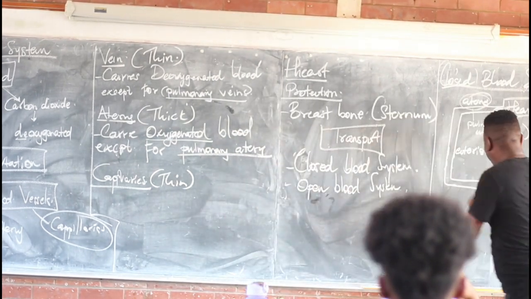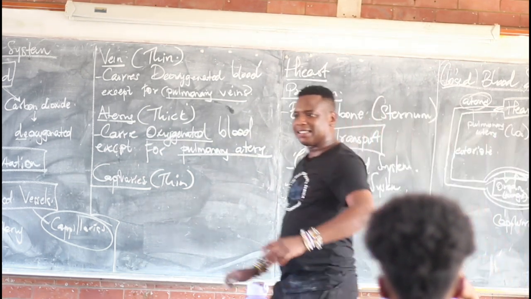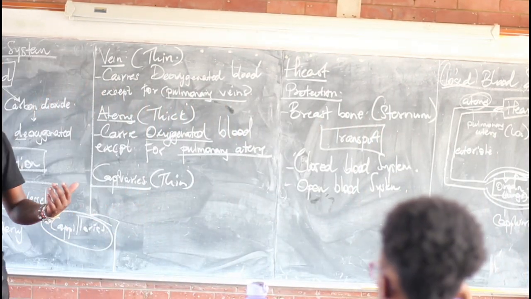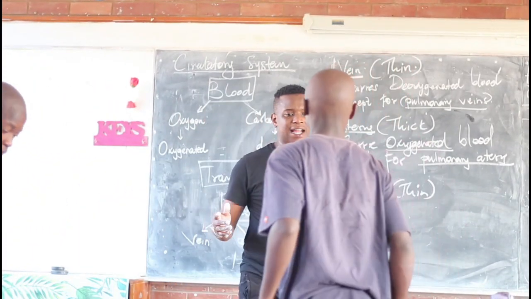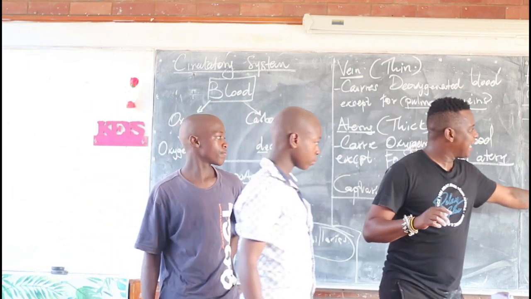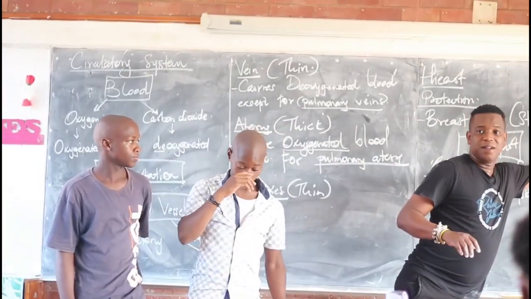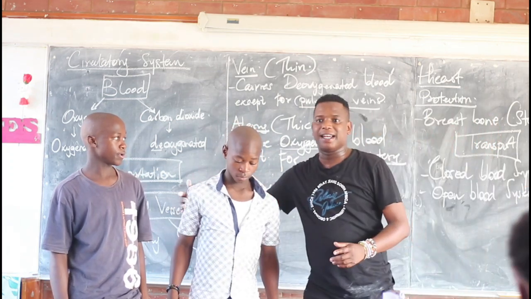The arteriole branches into what? Capillaries. Now, what happens in the lungs? I have my 2 points here. This one is bringing what type of blood? Deoxygenated blood, right?